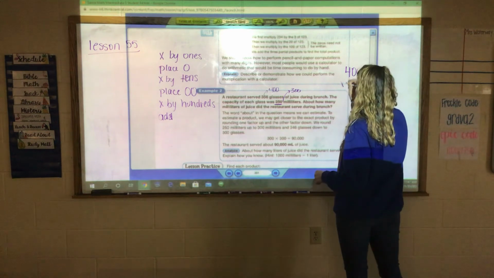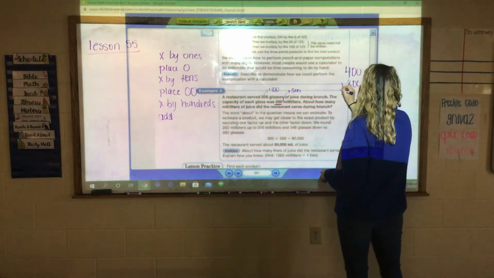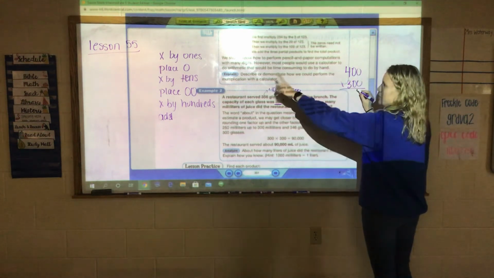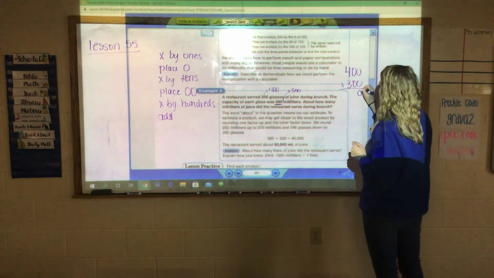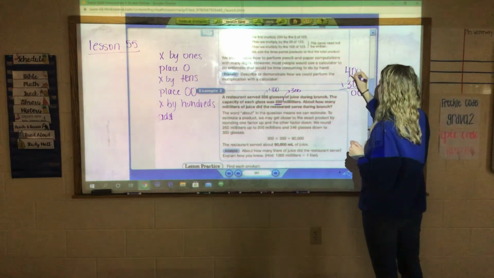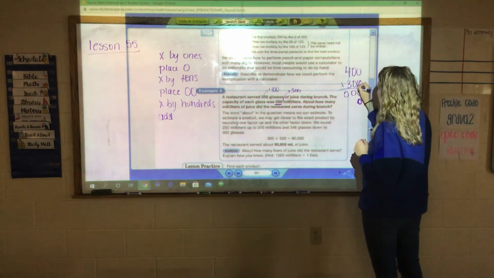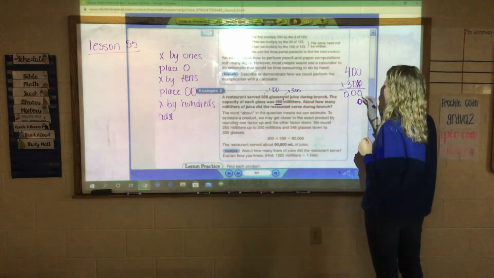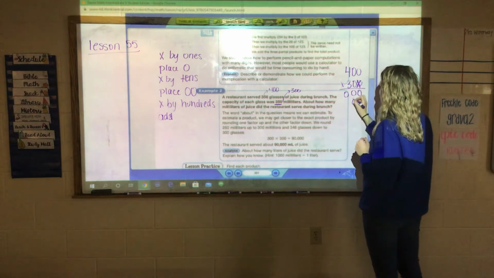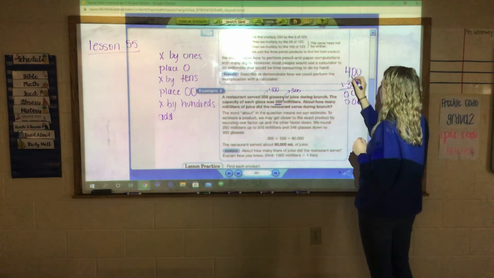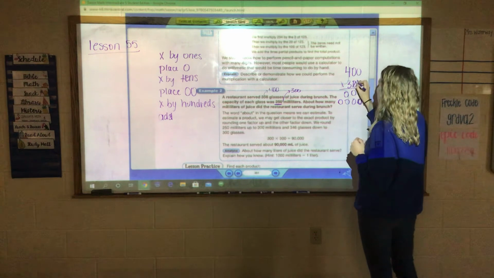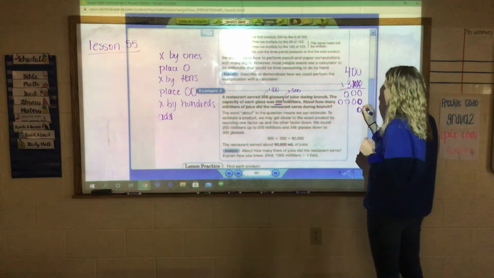400 times 300. So first, you multiply by ones. 0 times 0 is 0. 0 times 0 is 0. 0 times 4 is 0. Great. Placeholder 0, cross off my one spot. Now I'm multiplying by tens. 0 times 0, 0. 0 times 0 is 0. 0 times 4, 0. Cross it off. Placeholder 2 zeros.